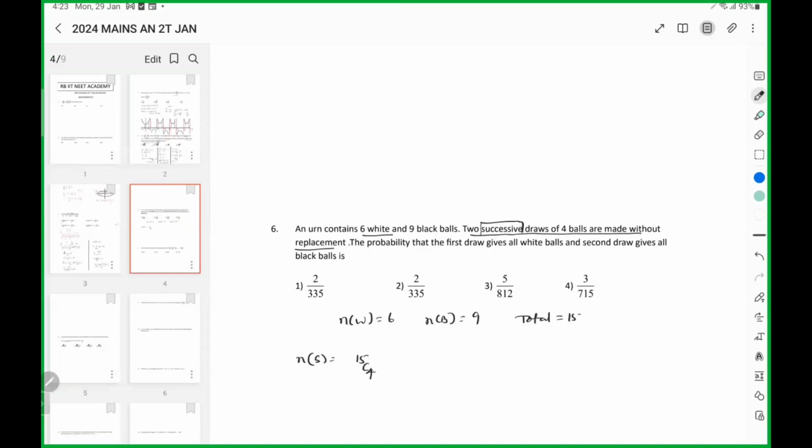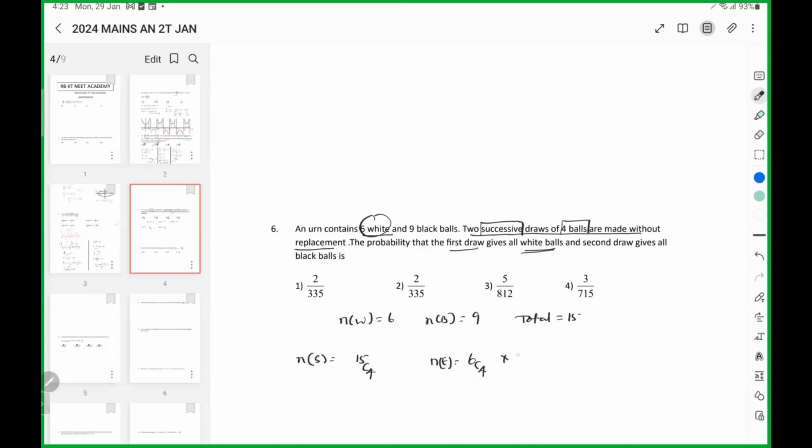Successive draws means 2 draws. In the first draw, he draws 4 balls, and the first draw gives all white balls. How many white are there? 6 white. In the first draw, all must be white. 4 are drawn, total 15 are there.